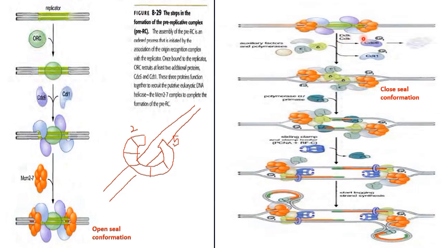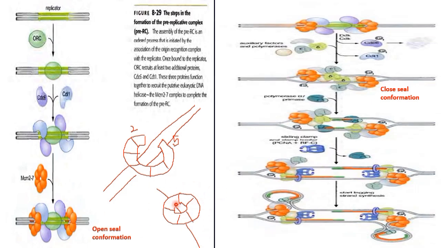They phosphorylate CDC6 and CDT1 and also phosphorylate the MCM helicase, which changes its conformation to the closed seal conformation, which looks something like this, which is only bound to one single strand of DNA, which is like this. And in this form, the helicase is active and it can easily unwind the DNA.